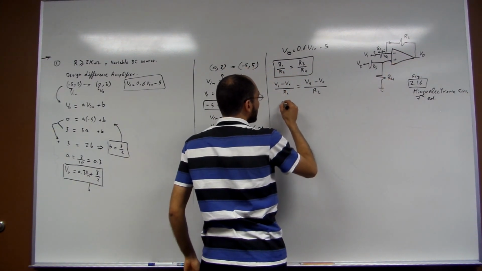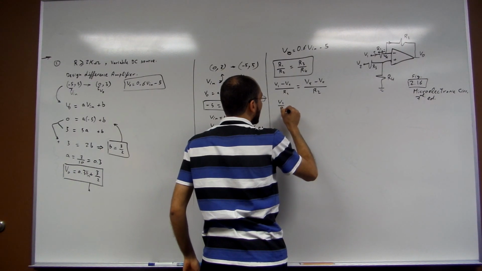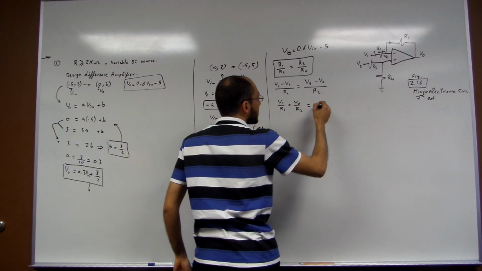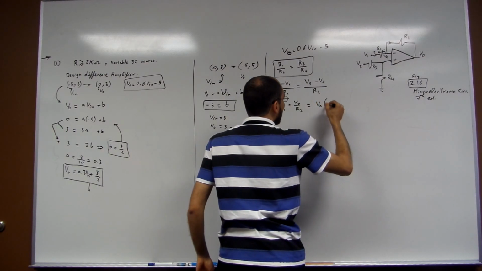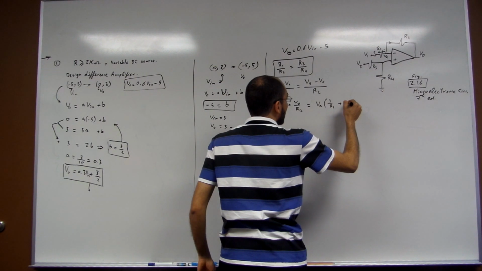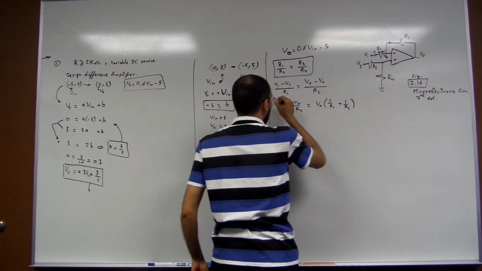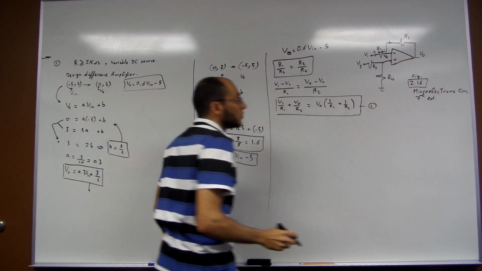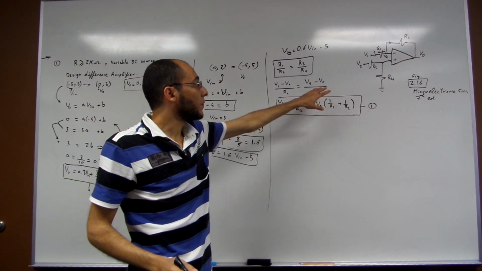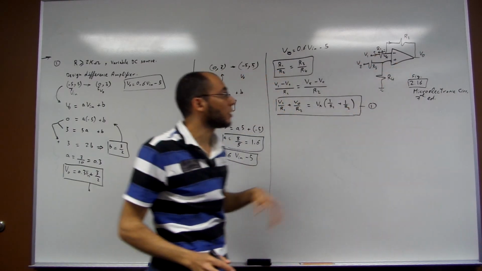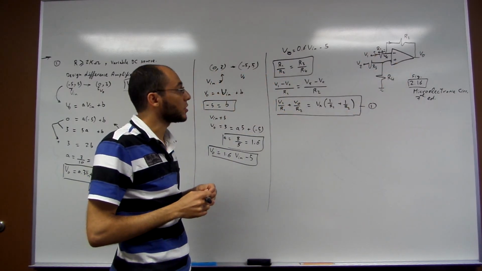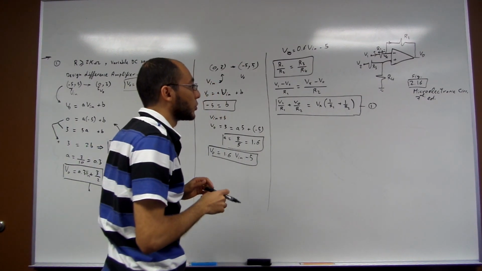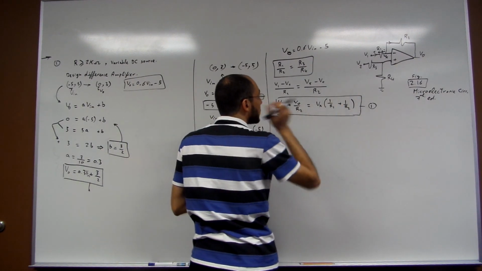So V1 over R1 plus V output over R2 equals Vx times (1 over R1 plus 1 over R2). This is the first equation. If you know the value of V output in terms of V1 and V2, you can just use it if you memorize it and mention that it's from the book. But if not, then you need to derive it.